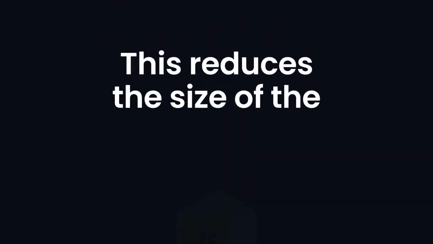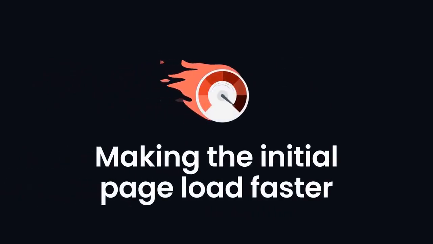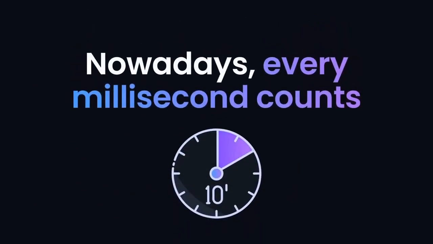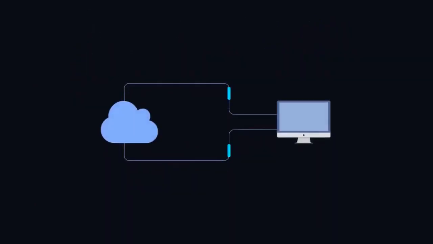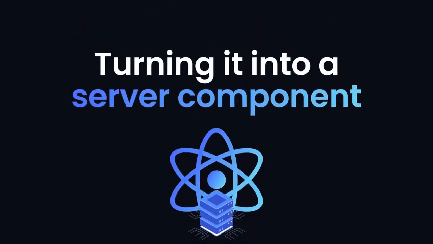This reduces the size of the JavaScript bundle, making the initial page load faster. And nowadays, every millisecond counts. So, rather than fetching and passing data to components separately, we can fetch the data directly within the component, turning it into a server component.